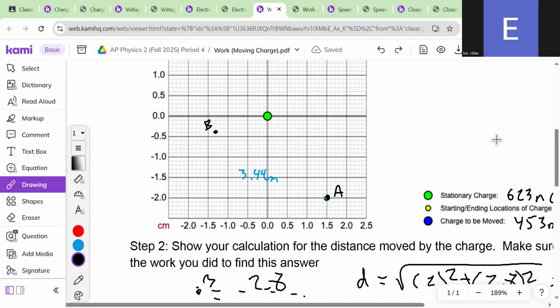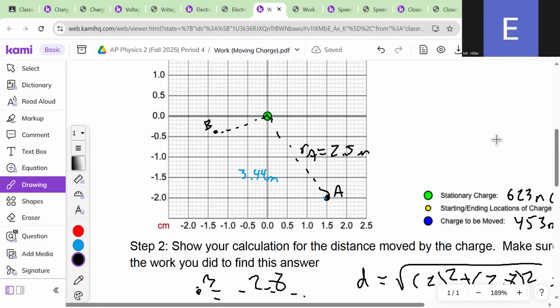So use a little Pythagorean theorem there. 1.5 squared plus 2 squared, and then square root that. So that distance to A, RA, would be 2.5 meters.